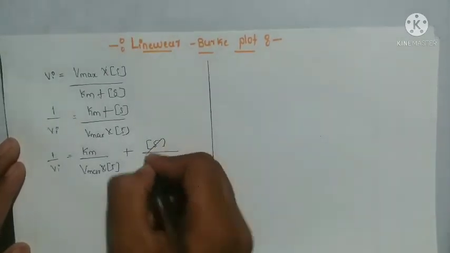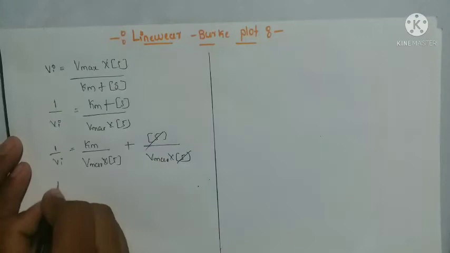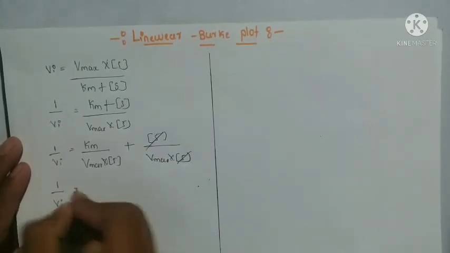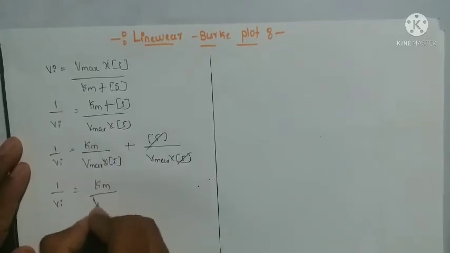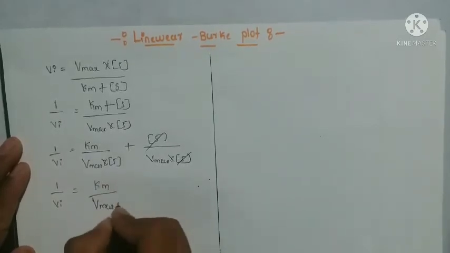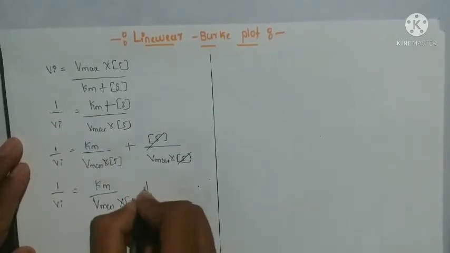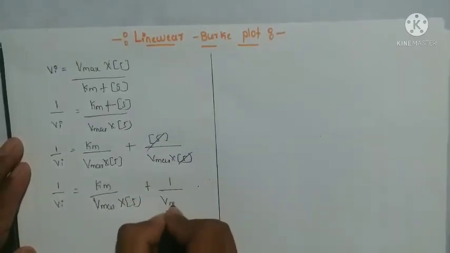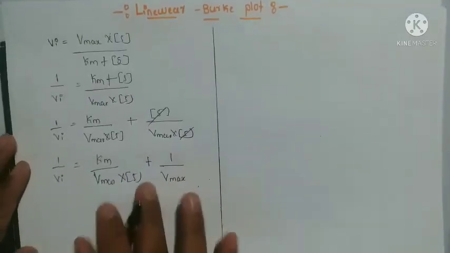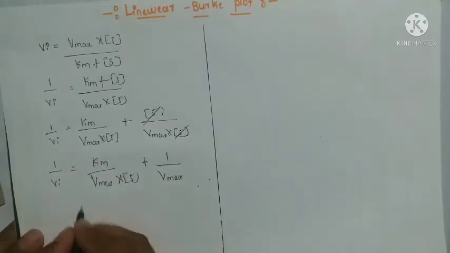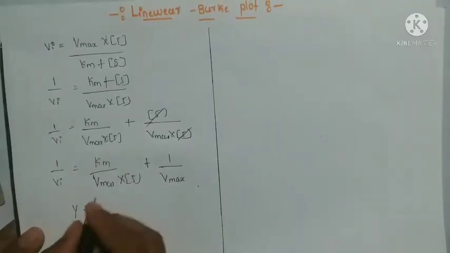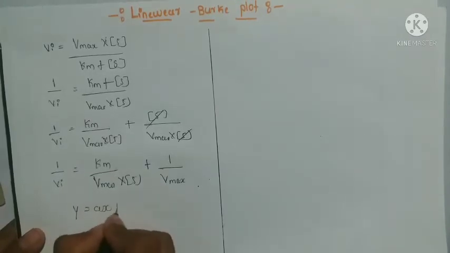Here the substrate and substrate cancel, and the equation can be written as 1 by initial velocity equals Km by maximum velocity into 1 by substrate, plus 1 by V max. This is the equation of a straight line, y equals ax plus b.